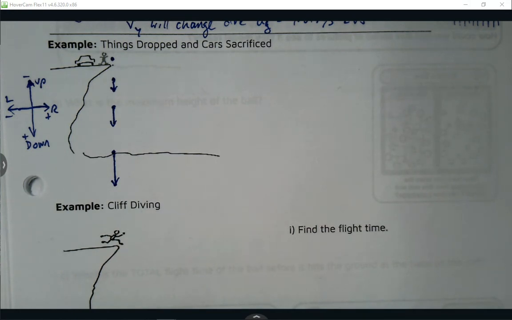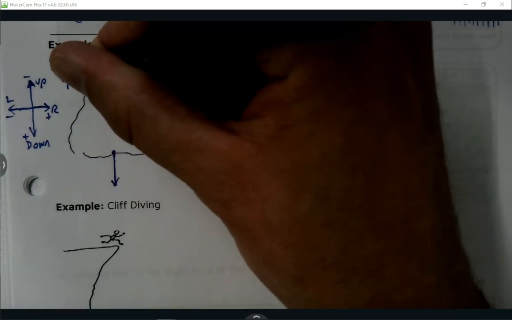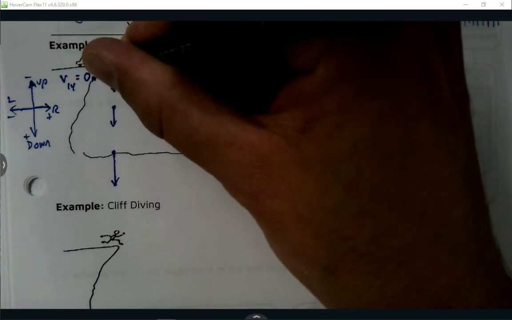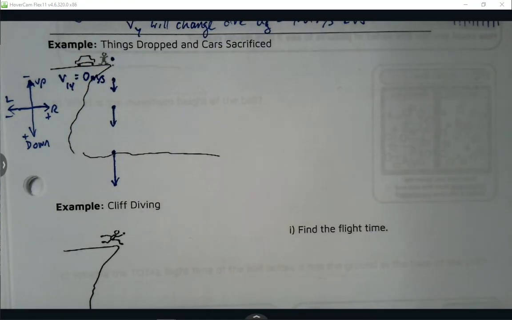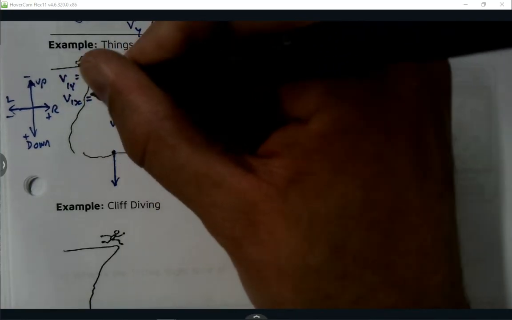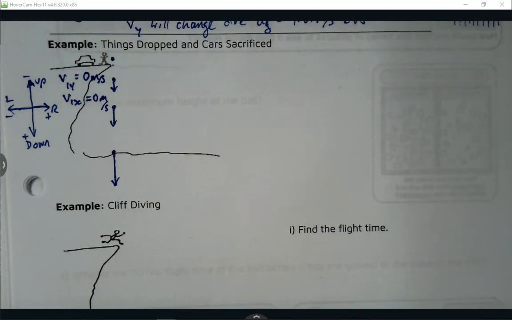And I could even make statements like the velocity 1 in the y direction for the ball is 0 meters per second. I could also say that velocity 1 in the x direction is 0 meters per second.